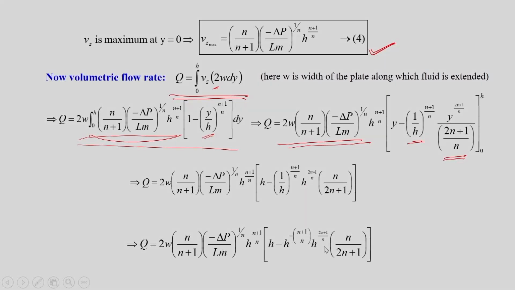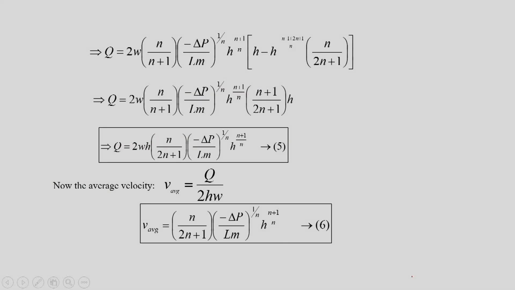From this equation, whatever 1 by h whole power n plus 1 by n is there, you can write as h power minus of n plus 1 by n, right. Then you combine these two terms. The first term, the constant, is as it is, and h power minus n minus 1 plus 2n plus 1 by n is h only. So, overall it comes out to be h.